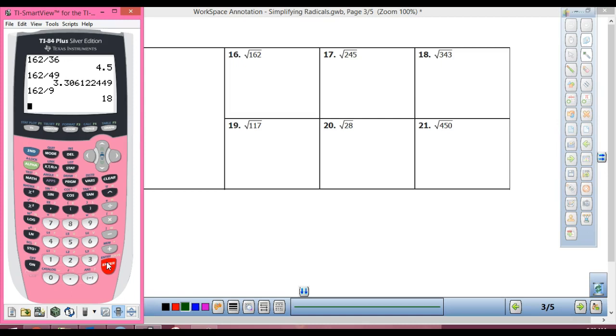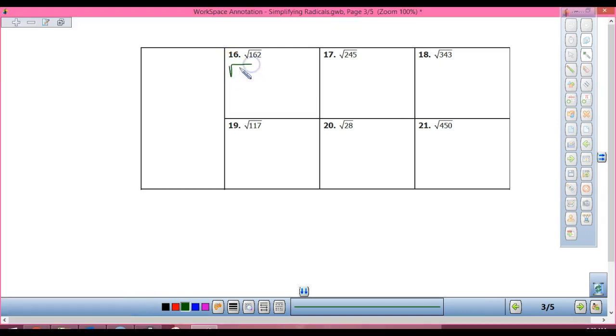Is there another perfect square that goes into 18? Yeah, 9 goes into 18, right? So that's not going to work, because that's not big enough. So I'm going 162, you're saying divide by 2? Oh, did I get a perfect square? Yeah, I got a perfect square, right? So square root of 81 and the square root of 2.